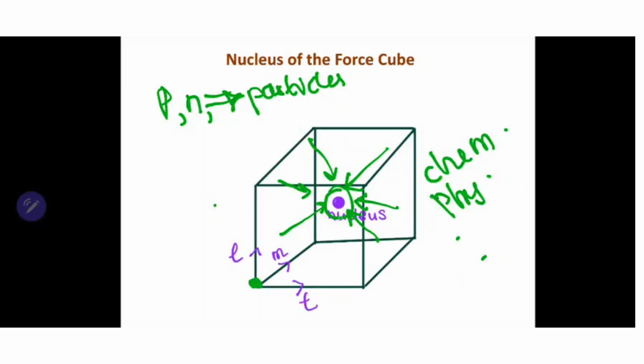So what does this nucleus do? It can attract light, mass and time towards it. Only that is done by the nucleus. And also, even though the nucleus attracts light, mass and time towards it, the light, mass and time will never reach the nucleus.